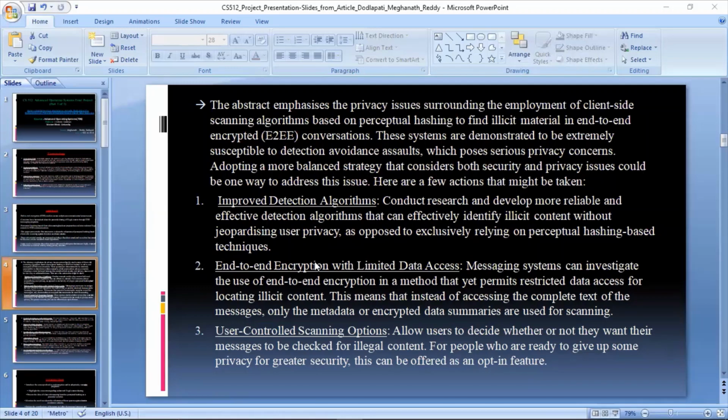Messaging platforms can explore using end-to-end encryption in a way that still allows limited data access for detecting illegal content. This means that only metadata or encrypted data summaries are used for scanning rather than accessing the entire content of a message.